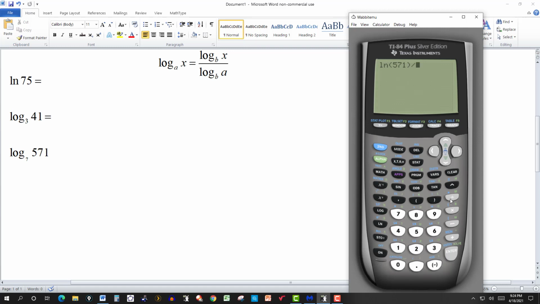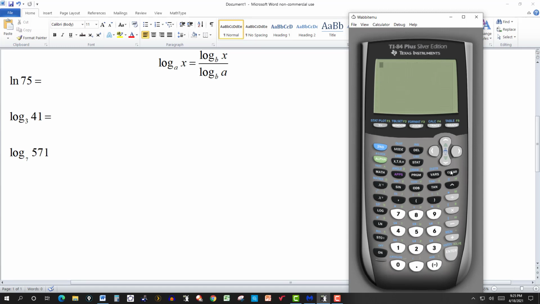And then that's divided by the natural log of whatever the base is over here. That's base 7. So enter 7. Hit enter. So the log of 571 to base 7, if you round it to 2 places, is 3.26.